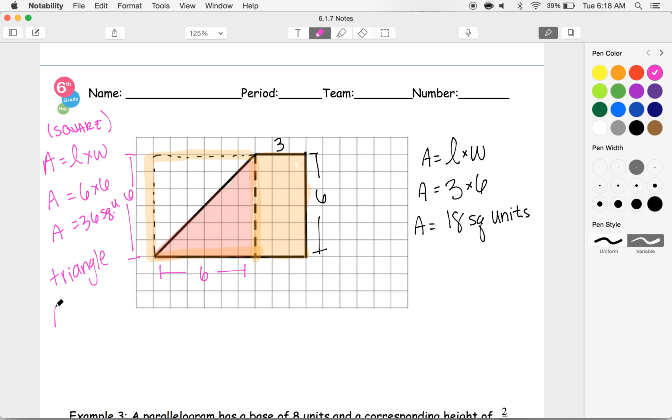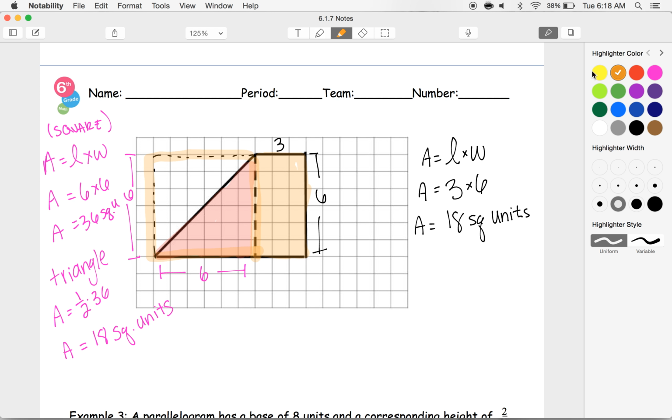Well, the area of the triangle has to be half of the 36 because it takes up half of the square. So what's half of 36? Well, half of 30 would be 15. Half of 6 would be 3. So 15 and 3 means half is 18 square units.